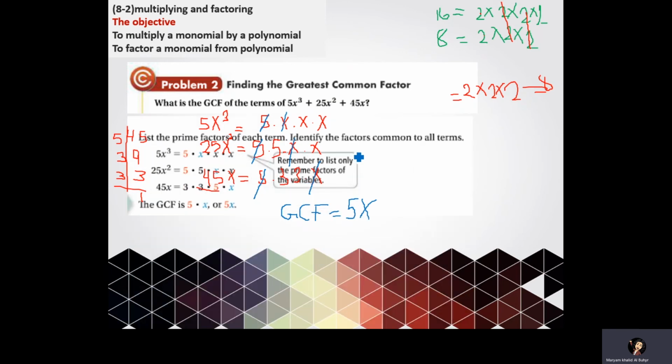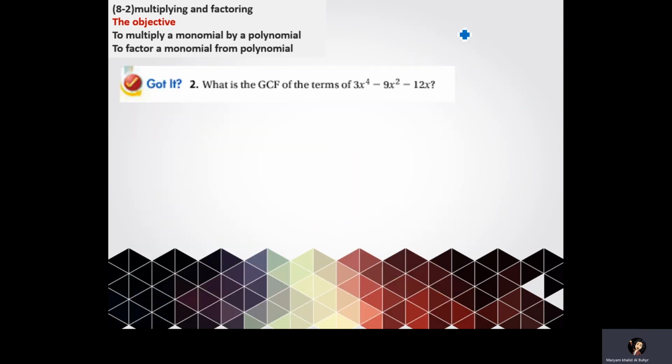Let's do one more problem. Let's do this one. Again, I'll try to factor one by one into prime factorization. So term by term. So 3x to the power 4 equals 3, already a prime number, so I'm fine, times x times x times x times x, 4 times.